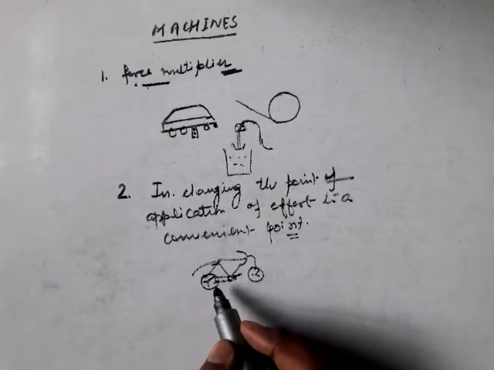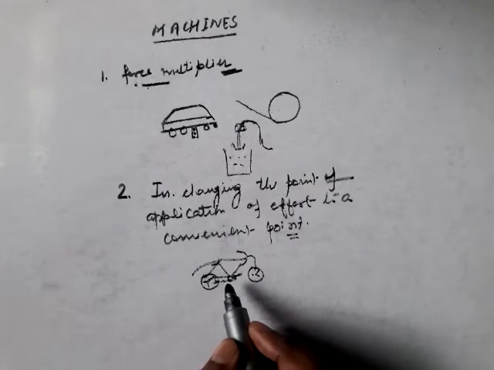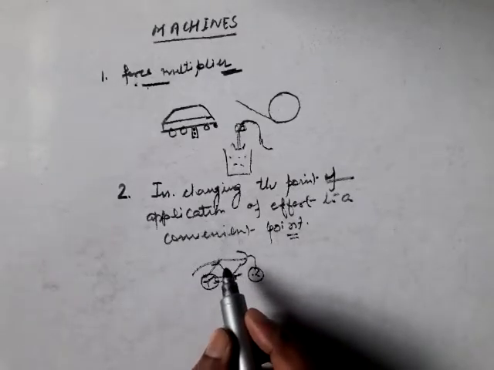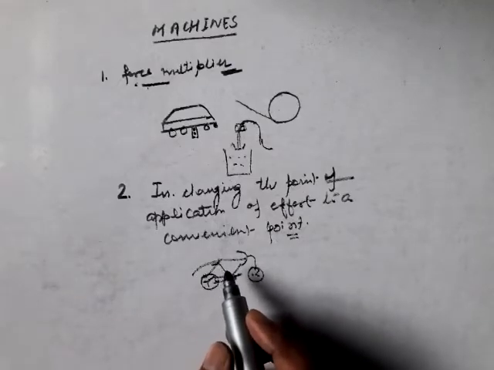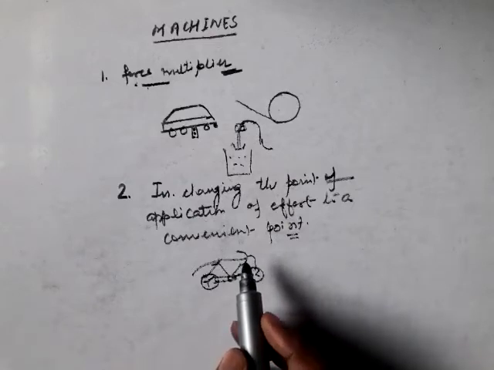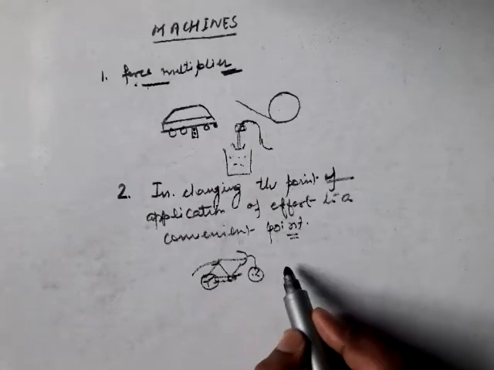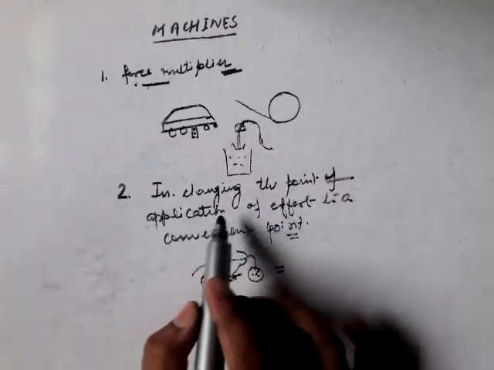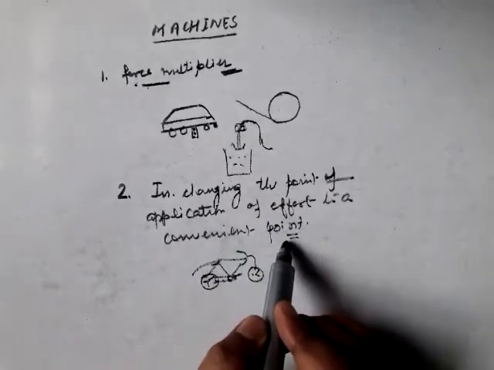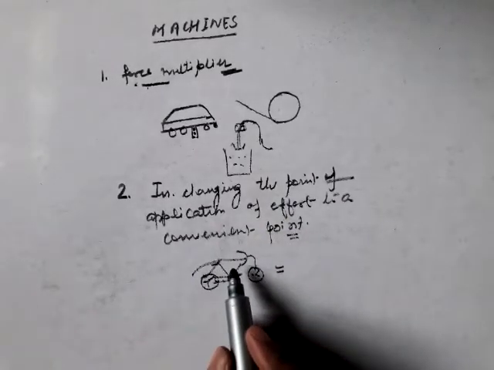The rear wheel of the cycle starts rotating by applying an effort on the pedals attached to the toothed wheel, which we join to the rear wheel with the help of a chain. So in this case also the point of application of effort is changed from the pedal to the rear wheel. We have discussed it in this way.